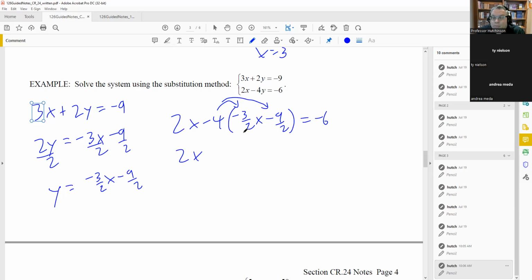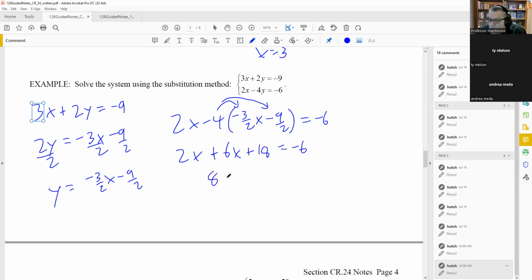You need to be careful with the fractions here. But if you do -4 times -3, it's 12 divided by 2 is 6. So we get a plus here because you have a minus and a minus. So plus 6x. If you take -4 times -9/2, you're going to get a positive 36 divided by 2. And that's going to give you a positive 18 there.